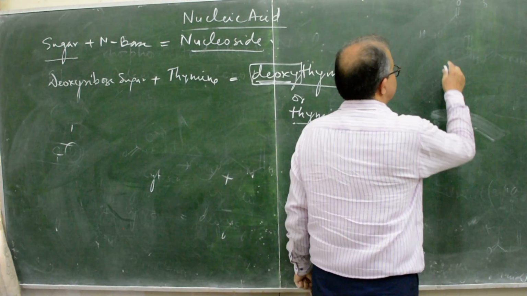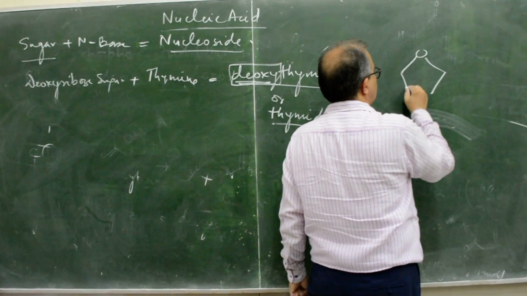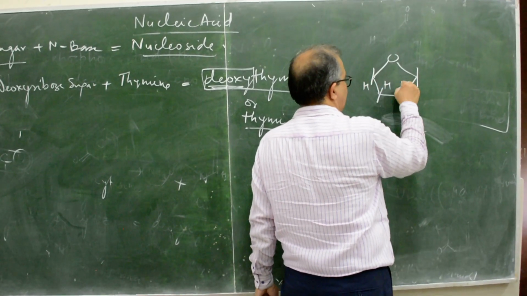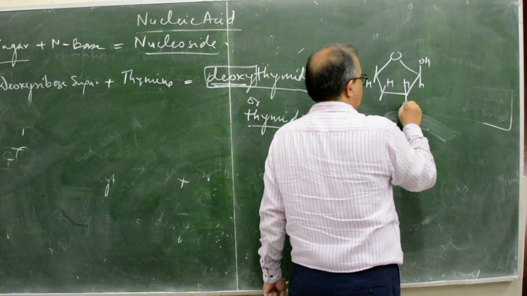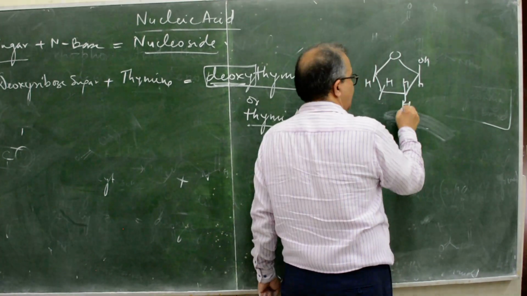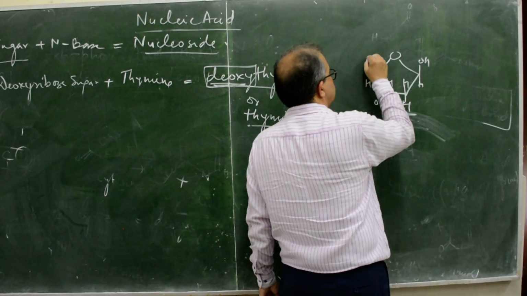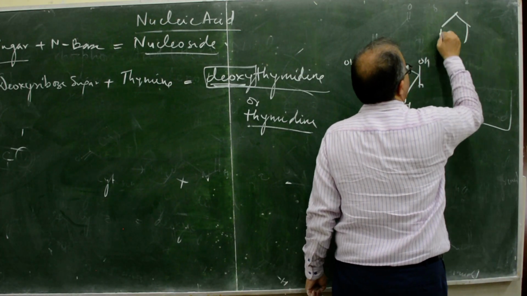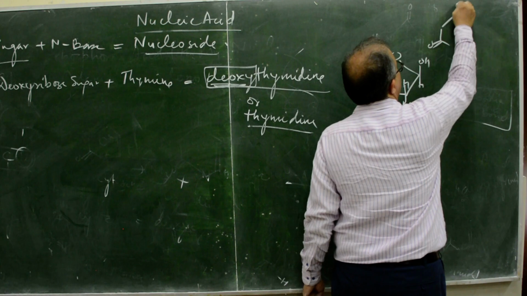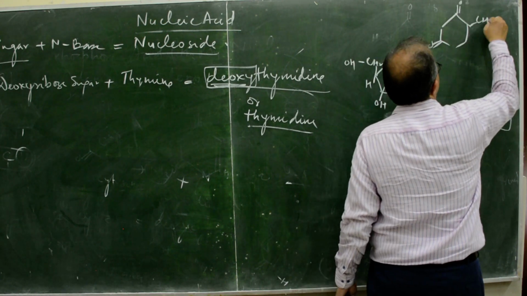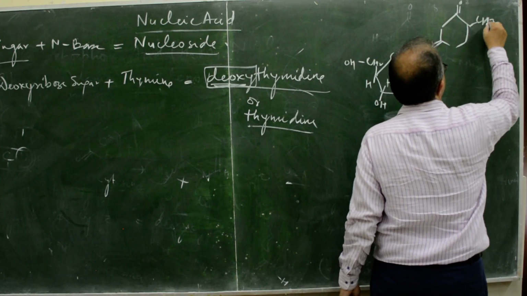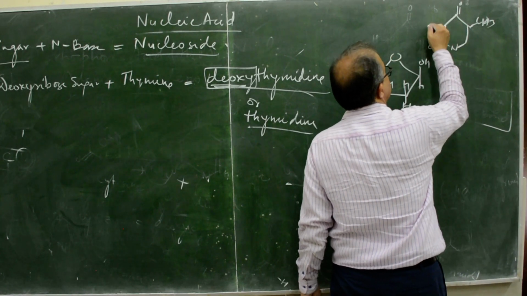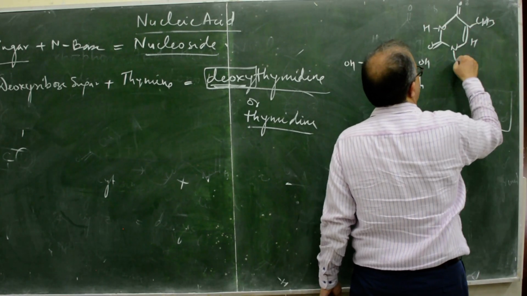There is a simple structure, the glycosidic bond, as you have already observed: hydrogen, OH group, H. It is a deoxy sugar, with CH2OH. Thymine: 2,4-dioxy, 5-methyl, nitrogen, hydrogen.